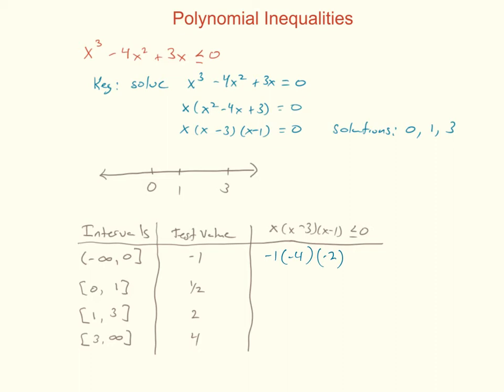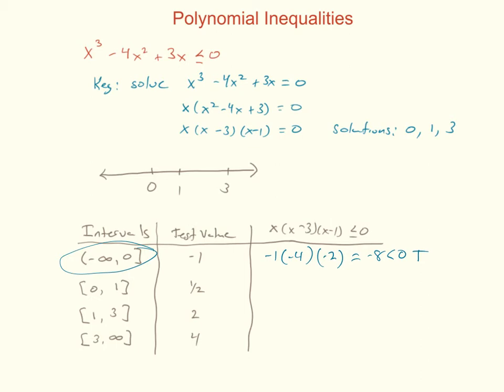And that is going to be equal to -8, which is less than 0, so I know it's true for that interval. So my solution is going to include the interval from negative infinity to 0.